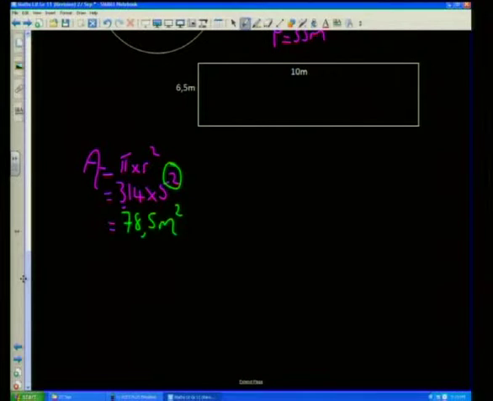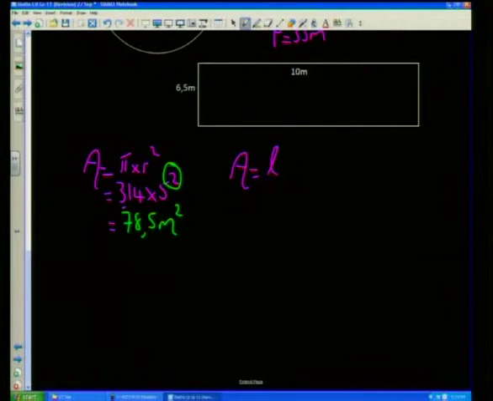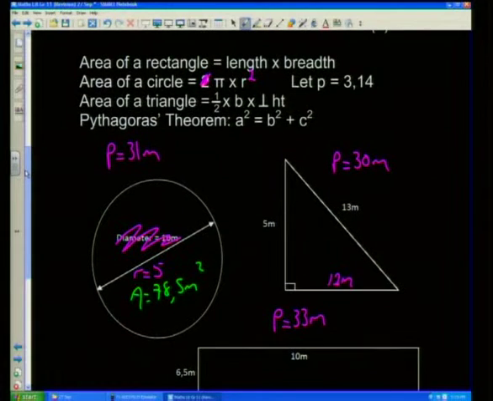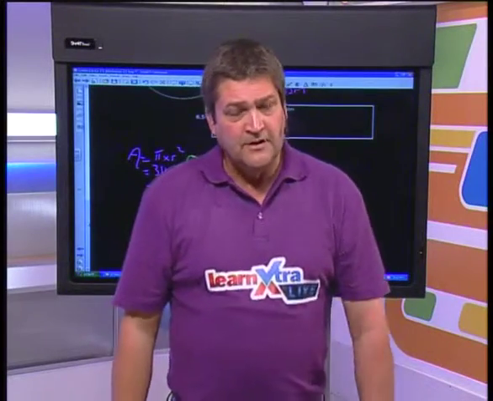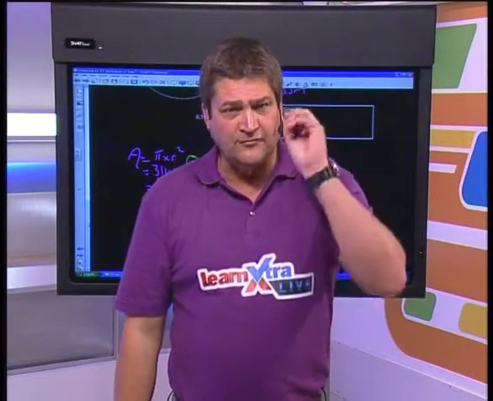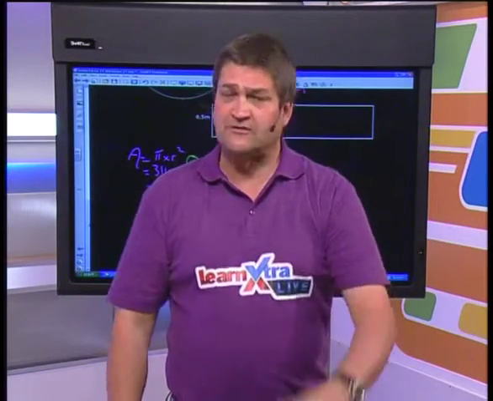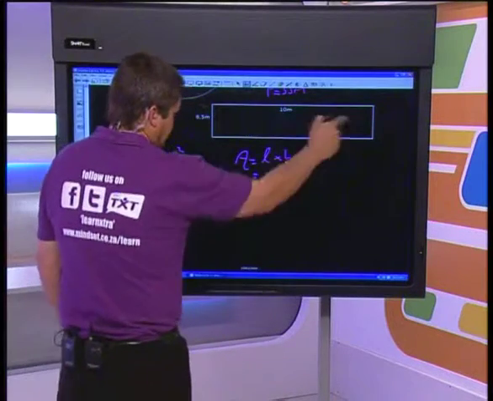Now let's calculate the area of my rectangle. The area of a rectangle is basically length times breadth. I hope this examiner didn't tell us this. Let's have a look. Oh, my goodness, he did too. I don't like that at all. Folk, I would sincerely hope that you know that the formula for the area of a rectangle is length times breadth. You should know that by now. So, how long is my rectangle?